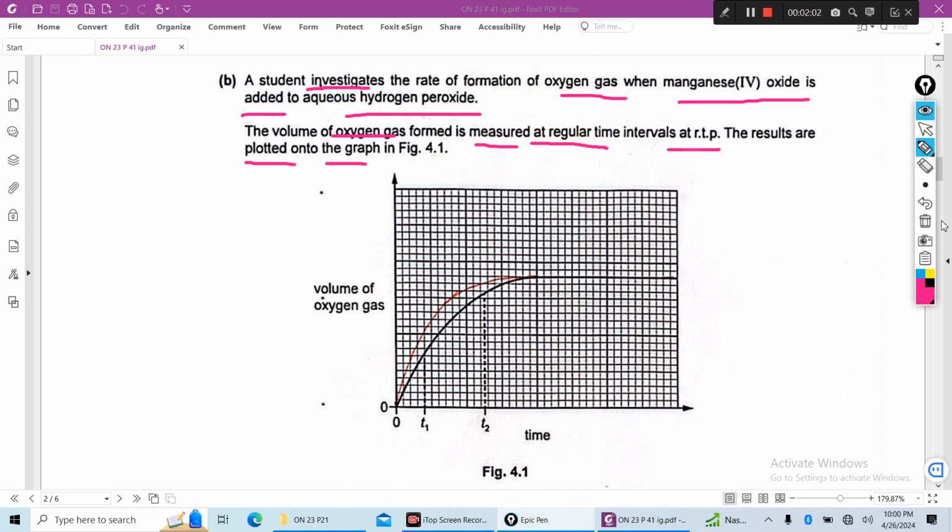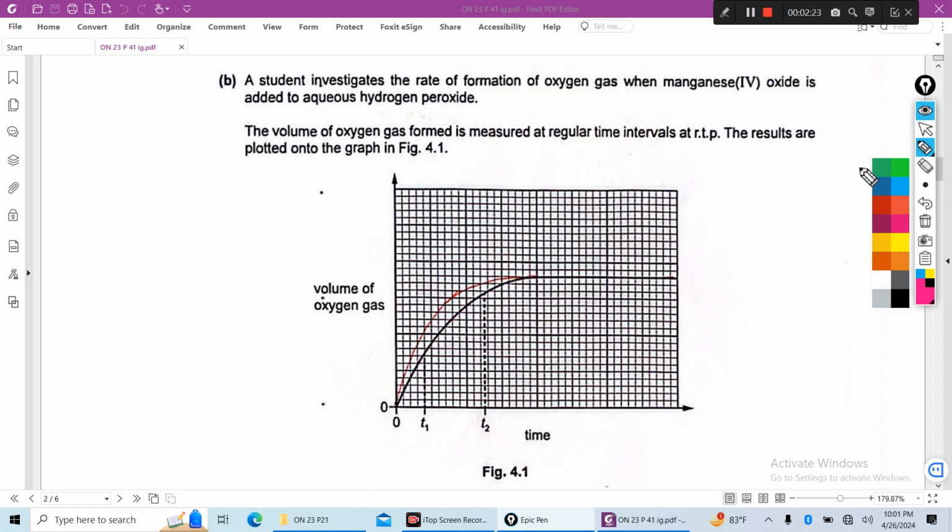This graph you see shows the volume of gas increases with increasing time. From this graph we can see time is increasing, so the volume of oxygen gas also increased.